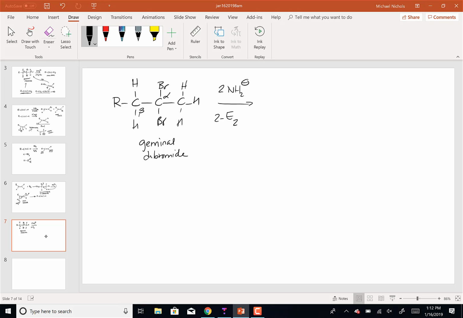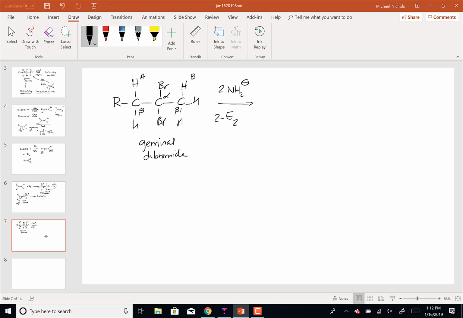We have two beta carbons along with two sets of beta hydrogens. Now in this case, we could get two possible products, right? Let's call these ones A, and let's call these beta hydrogens B.